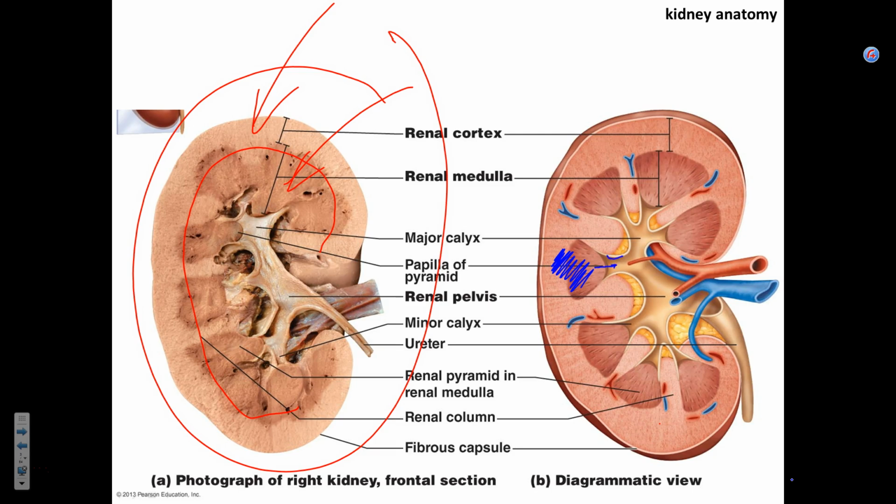It enters this empty pocket that is called minor calyx. We clear? Now, urine from all these minor calyces drains into the bigger major calyx.